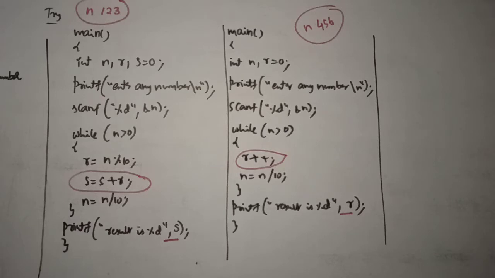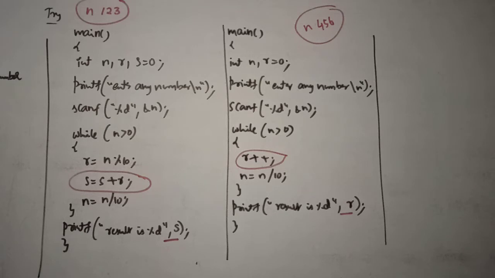Based on reverse any number, I gave two programs to try. One is this. Look at the logic. S is equal to S plus R, and here your input is 123. 123 mod 10 is 3, and next step 12 mod 10 is 2, and another step 1 mod 10 is 1.